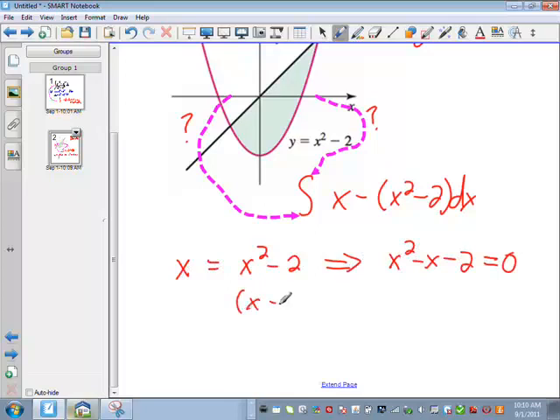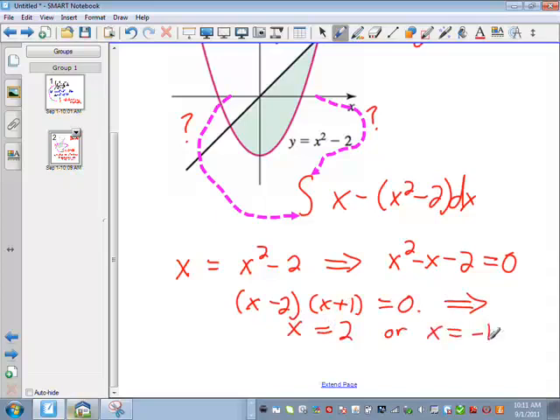That's true if and only if (x minus 2) times (x plus 1) is equal to 0. And that implies that x is 2 or x is equal to negative 1.